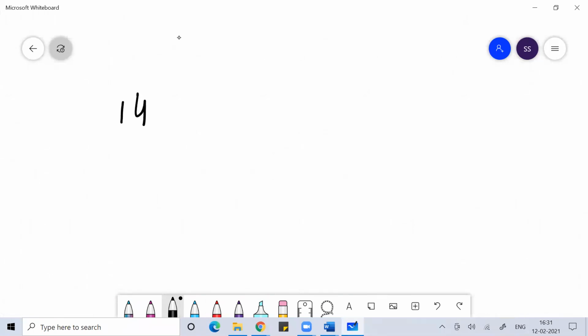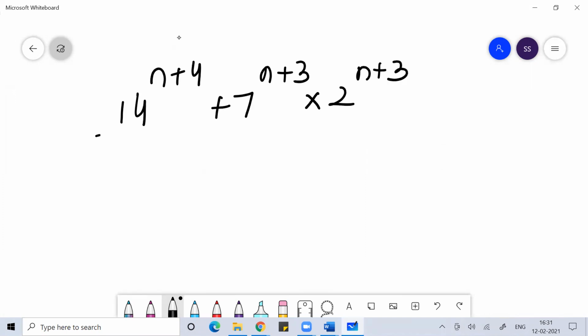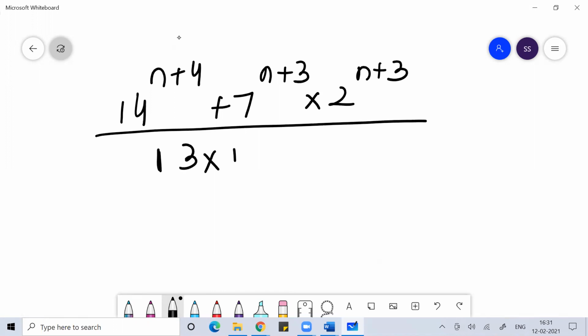14 to the power n plus 4 plus 7 to the power n plus 3 into 2 to the power n plus 3, this whole divided by 13 into 14 to the power n plus 14 to the power n.